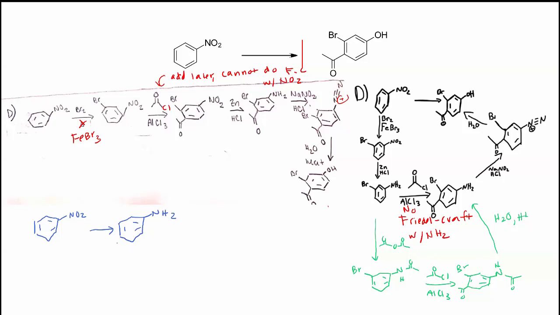So your bromine is going to go to the wrong spot as opposed to putting it on first. So that bromine you probably want to add first before you reduce the amine. So I think it will depend.